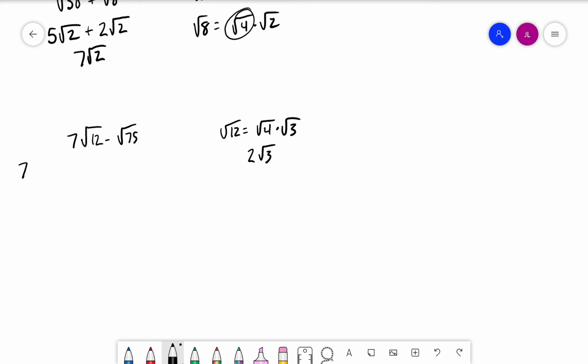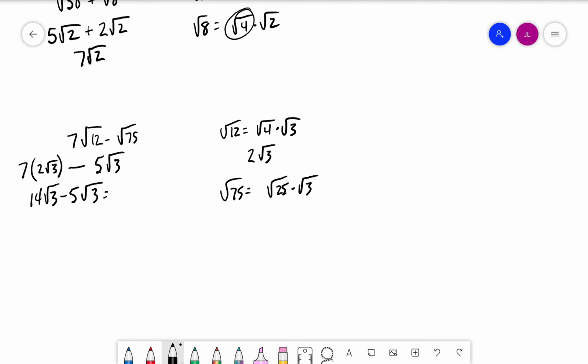So we're looking at 7 times 2 times the square root of 3 here, minus, well, now we're going to break down the square root of 75. The square root of 75, we can break down into the square root of 25 times the square root of 3. We already know the square root of 25 is 5. So now we're looking at 5 times the square root of 3. So 7 times 2 is 14, so we'd have 14 square root of 3 minus 5 square root of 3, which would give us 9 square root of 3.